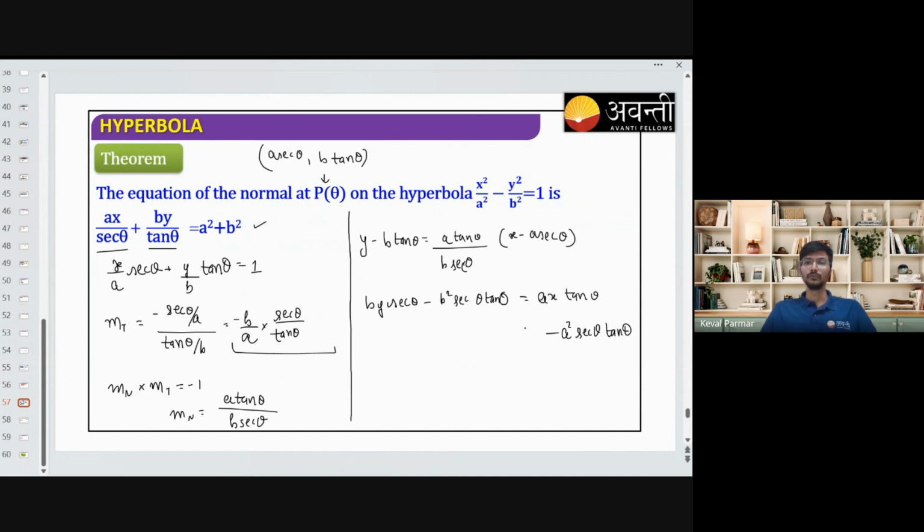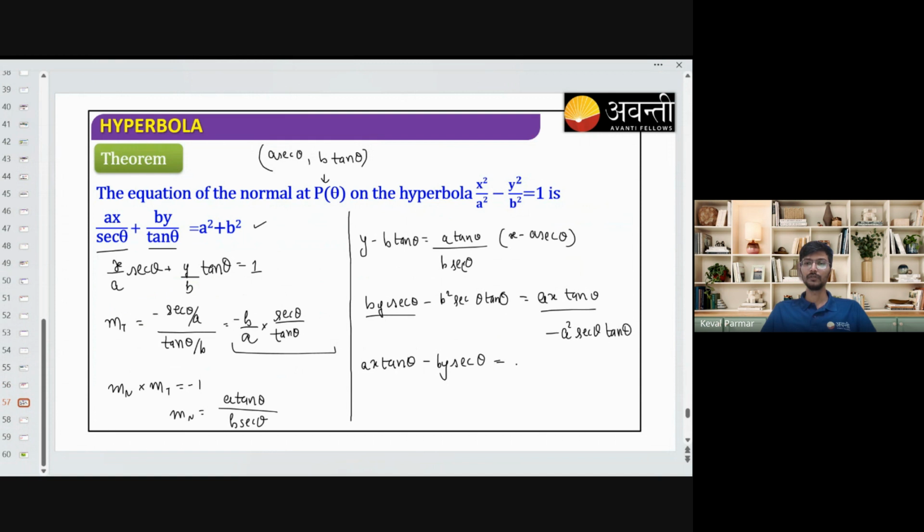Let us group the terms together. If I take these both together on the right hand side, I'll get a x tan theta minus b y sec theta.